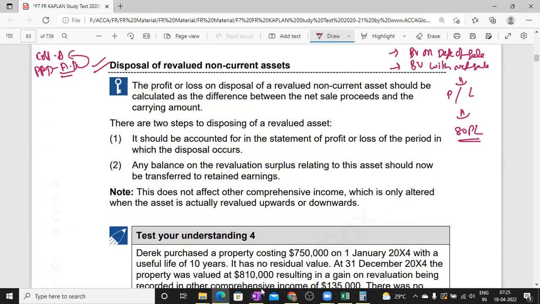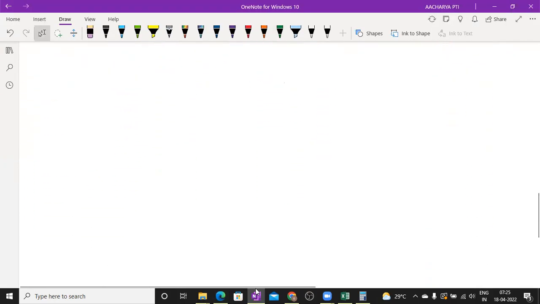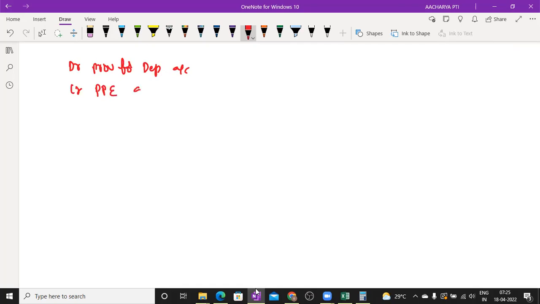What are the journal entries required to be recorded in case of disposal? First, debit provision for depreciation account, credit property, plant and equipment. First transfer the provision to PPE. Generally in PPE we have cost.